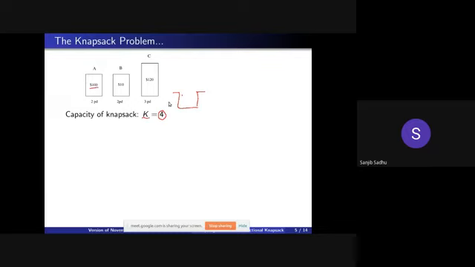You can keep the objects however you wish, and your profit should be maximized. But please remember, the knapsack has capacity 4. You cannot put all the objects, 2 pound, 2 pound, 3 pound, 7 pound. It's not possible to keep all these objects here because it will exceed the capacity.